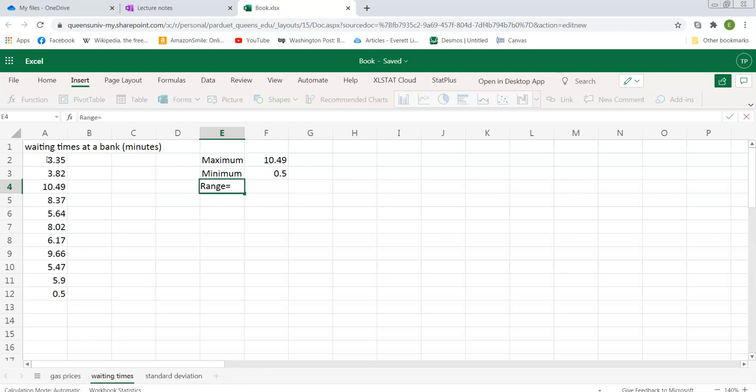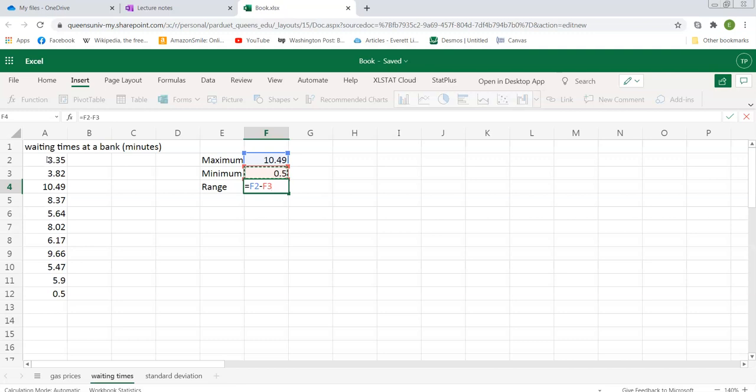So the range is the maximum minus the minimum. Okay, and I'm referring to those cells rather than typing in 10.49 and 0.5. That's good form to have in your Excel spreadsheets.